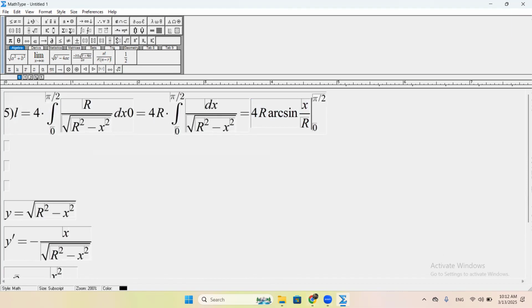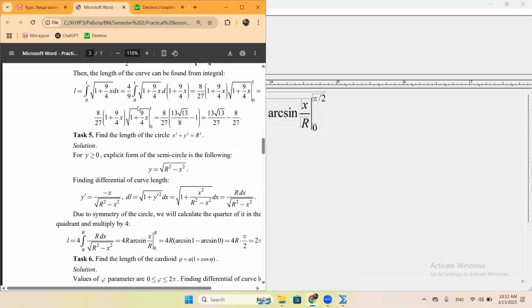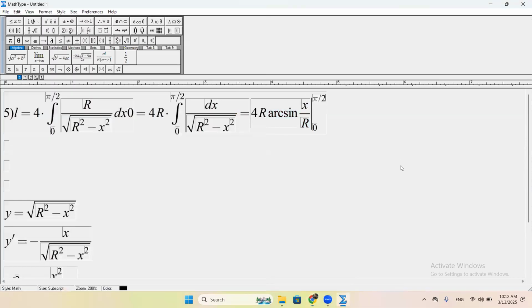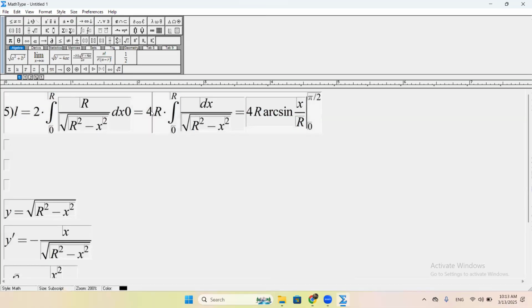Let me check if it is correct in my recordings. Yes, so x over r. My bad. So we are calculating for a quarter of the circle, not from 0 to pi over 2.